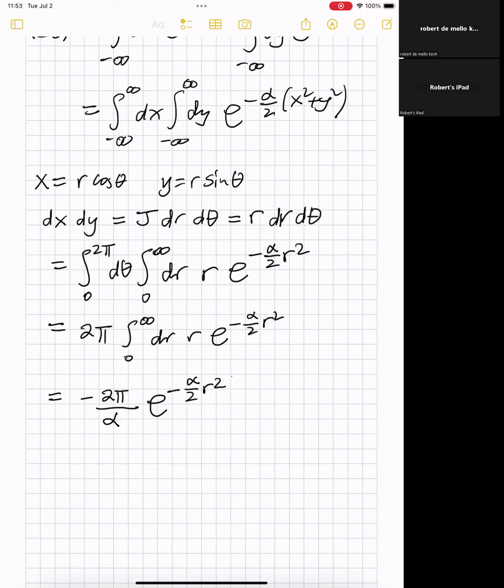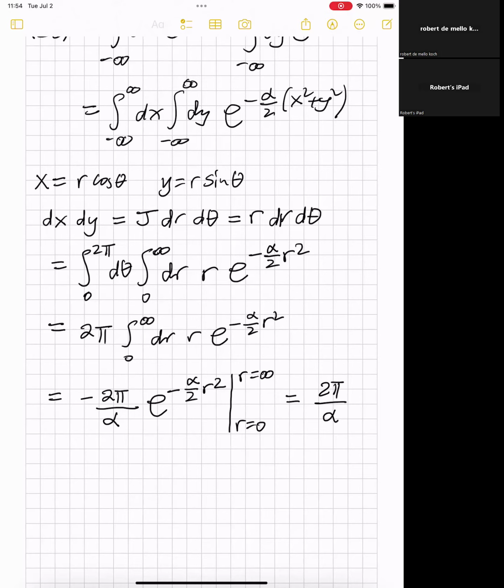And then, of course, we have to evaluate this between r equal to infinity and r equal to 0. At infinity, the exponential goes to 0. And at r equal to 0, the exponential is just 1. So the value at infinity, 0, minus the value at r equal to 0, minus 2 pi over alpha, is just 2 pi over alpha.